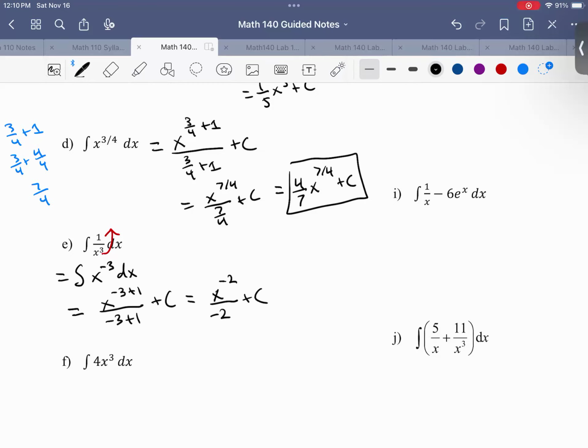And then what I typically like to do again is make it a fraction. So -1/2 x to the -2 plus c.